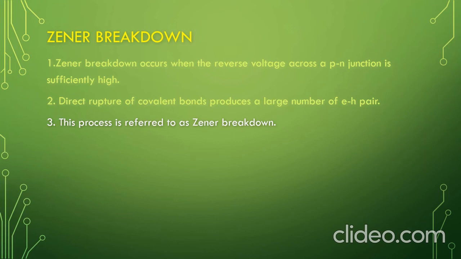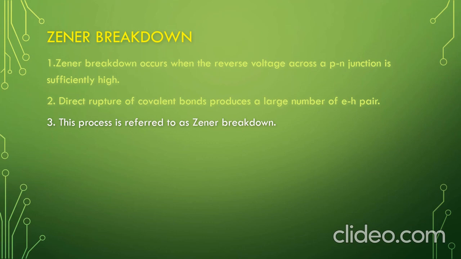Unlike avalanche breakdown, Zener breakdown does not originate from the collision of carriers with the crystal ions. Remember it.